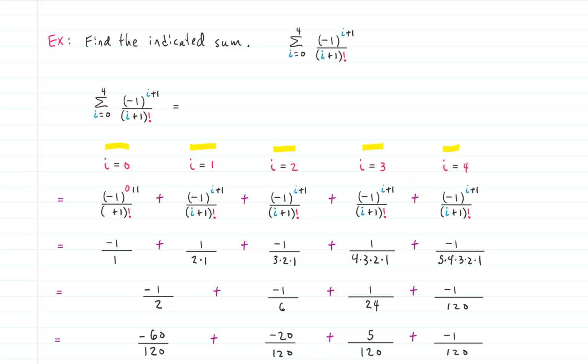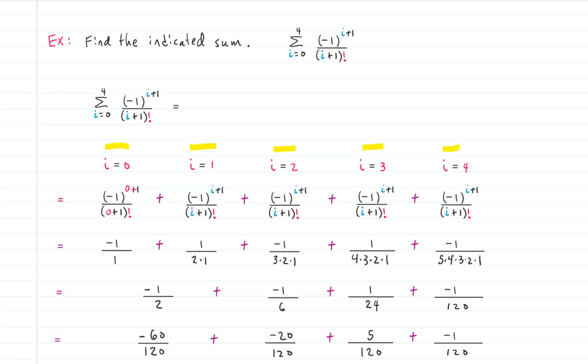So I have 0 plus 1 in the power and 0 plus 1 factorial on the bottom. 0 plus 1 in the power just gives me 1. Negative 1 to the first power is just negative 1. And 1 factorial in the denominator is just 1. So I have negative 1 in my first term.